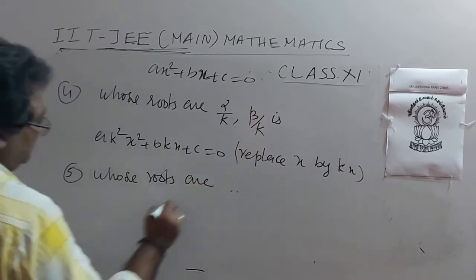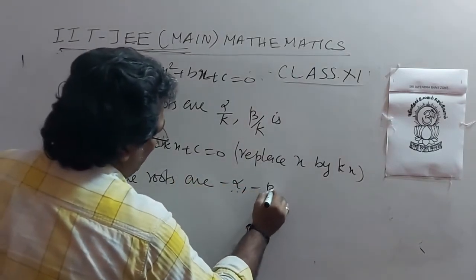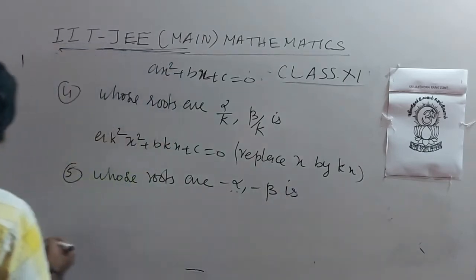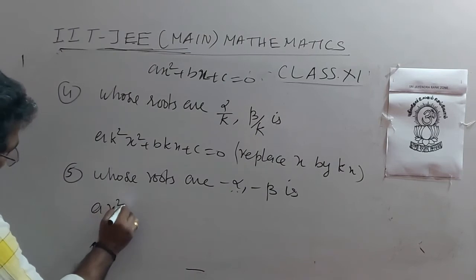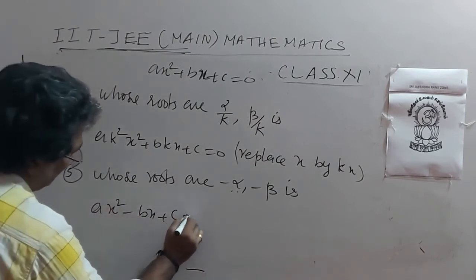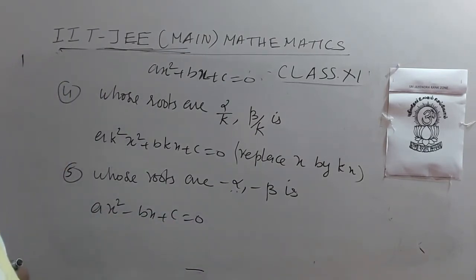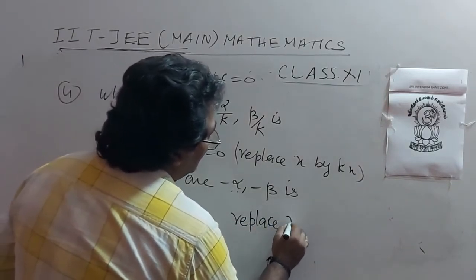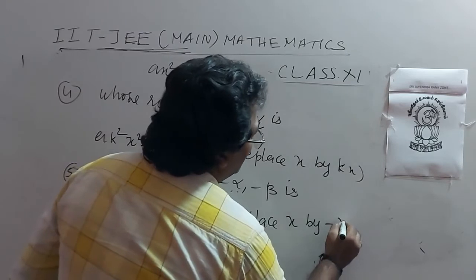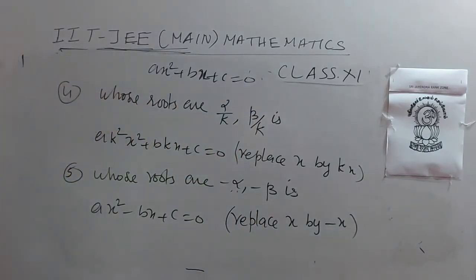Whose roots are minus alpha, minus beta is ax squared minus bx plus c equal to 0. Replace x by minus x.